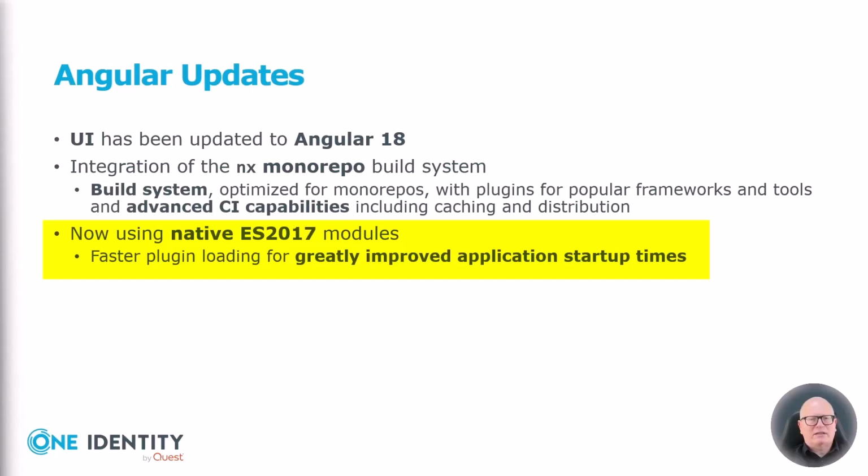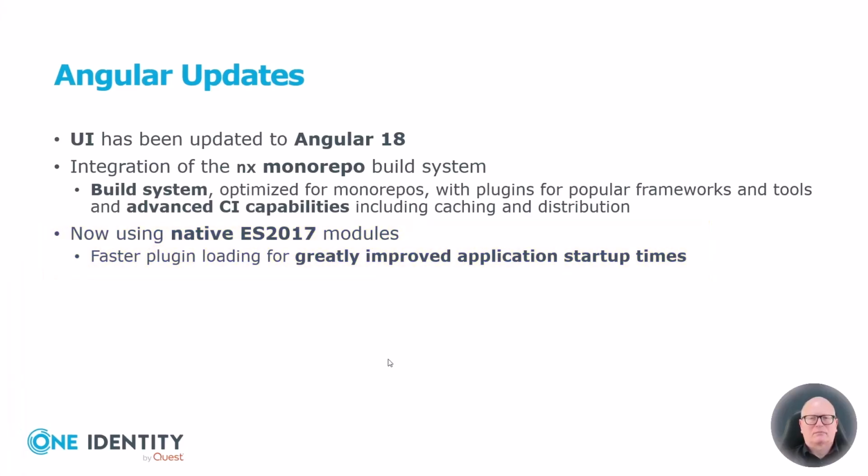Additionally to that, we are now using native ES 2017 modules. This at the end is something that allows us to load applications and modules much faster. The complete startup of the web portals we are providing is much faster than it was in the past.